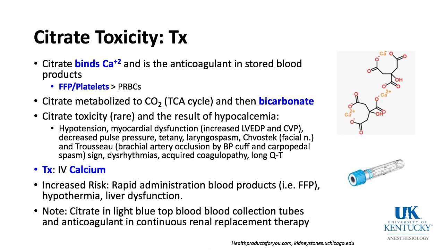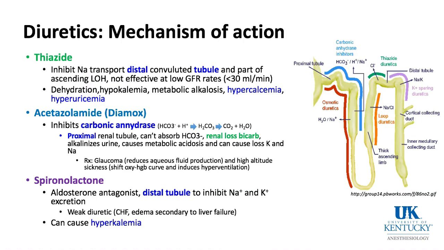citrate-related issues and hypocalcemia. Diuretics and mechanism of action is the next key word. And these are color-coded to help correlate with the picture graphic on the far right. And we'll start with the thiazide diuretics like hydrochlorothiazide in green. And you can see that the thiazide diuretics work in the distal convoluted tubule.